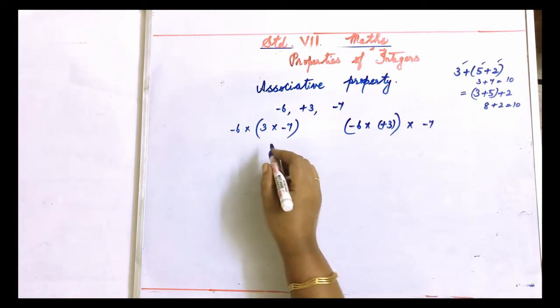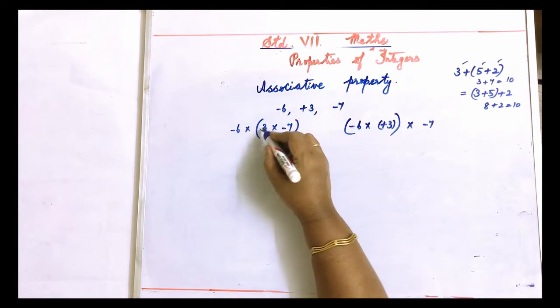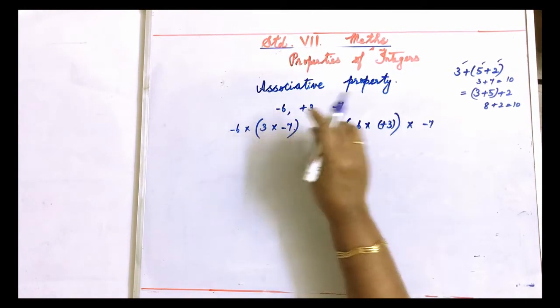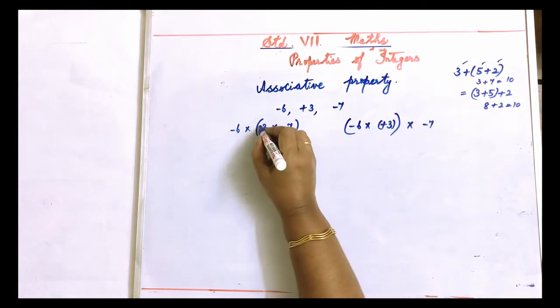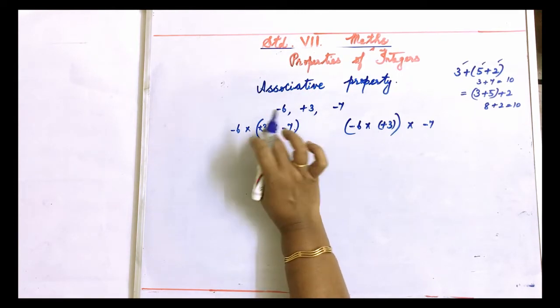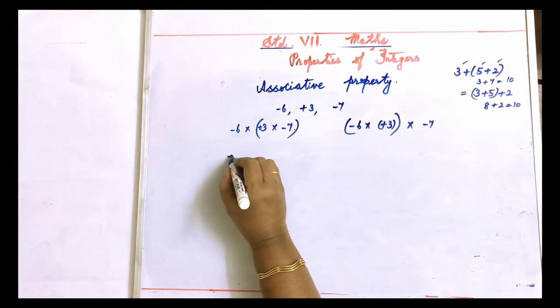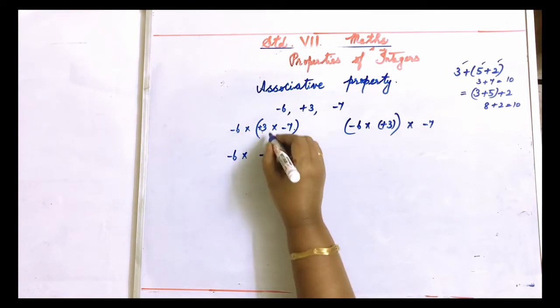So in the left hand side we have to group the second integer and the third integer. In the right hand side we have to group the first one and the second one. Here no sign, so it is plus. First we should multiply the numbers within the brackets. So minus 6 into plus into minus is minus, 3 sevens are 21.